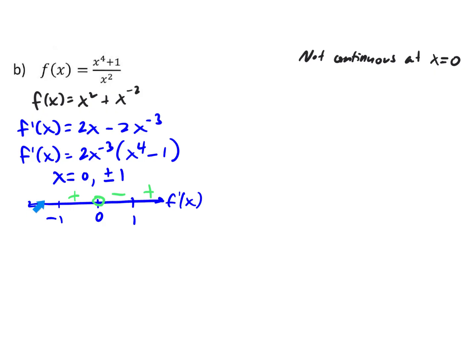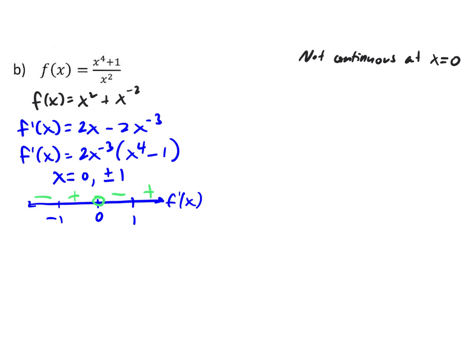And then lastly, if I pick a smaller negative, this is going to be positive because -2 to the fourth is a positive, so this is positive. But then this -2 is going to be negative. So this one turns out to go negative, positive again. Again, they won't always, so you've got to be careful with that.